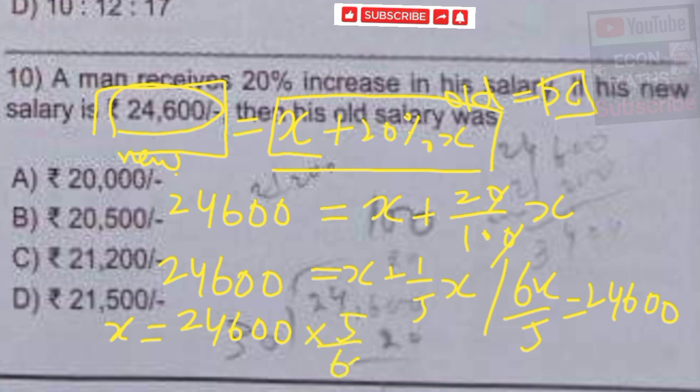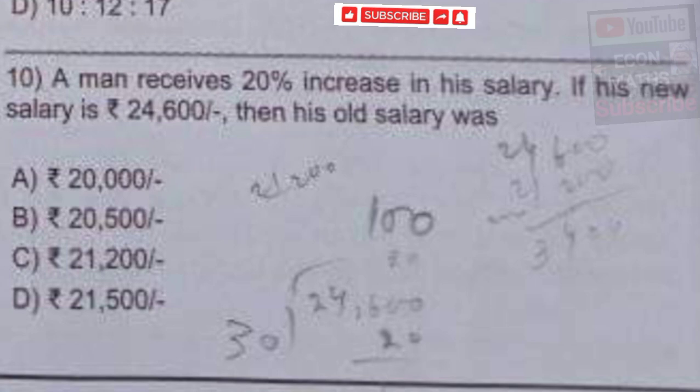So here we have 6 ones are 6, 6 fours are 24, and we have 2 zeros. When multiplying it by 5, 5 zeros are 0, 5 zeros are 0, 5 ones are 5, and 5 fours are 20. So the correct option would be 20,500. Yes, there is the option, that is 20,500 is the correct option.